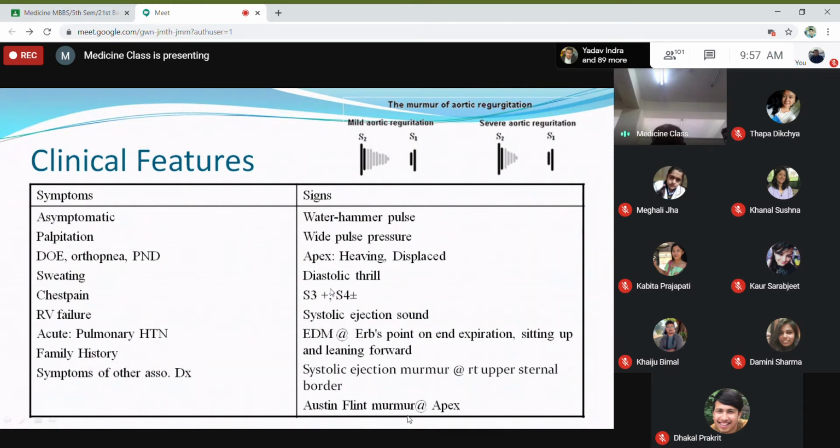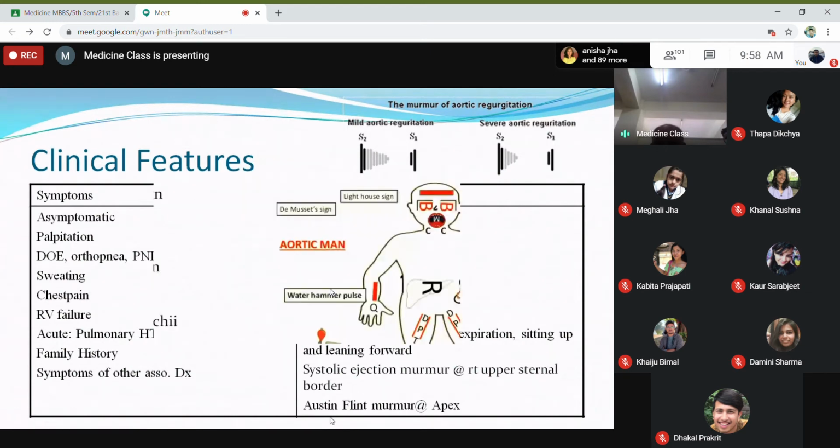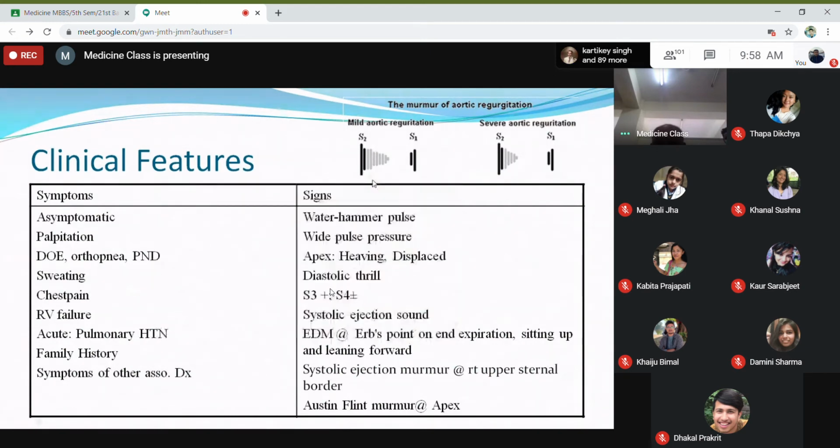So basically you have an end-diastolic murmur, but you may have a systolic ejection murmur at the upper sternal border and an Austin Flint murmur at the apex because of the regurgitant flow striking the mitral valve leaflet. This is the ejection systolic murmur you will have, and as the severity increases, the duration of the murmur will decrease. So this is typical of aortic regurgitation.